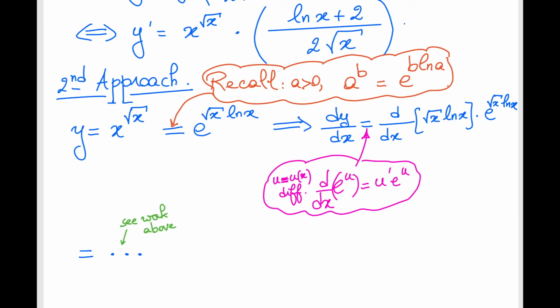And then this is equal to that guy, which at the end of the day was ln of x plus 2 divided by 2 square root of x, times this piece. But this piece is y, which is x to the power square root of x.